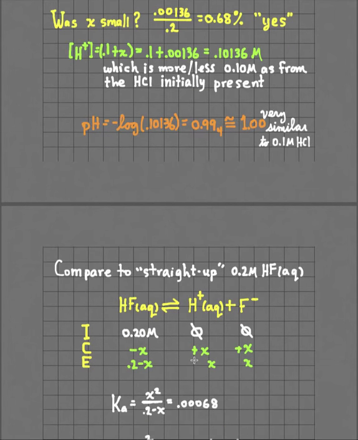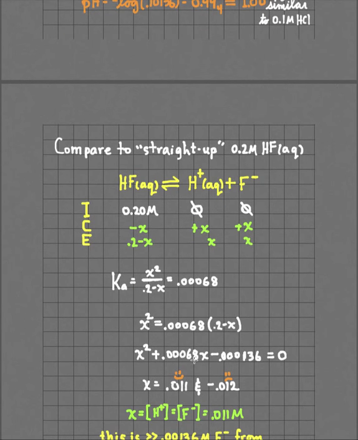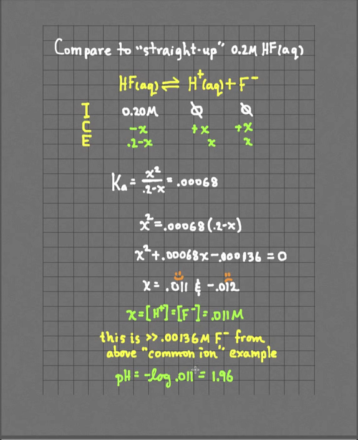This is a trippy idea. If I only had hydrofluoric acid, 0.2 molar, that would dissociate according to a calculation we've done similarly previously. It would dissociate to 0.011 molar F minus and H plus.